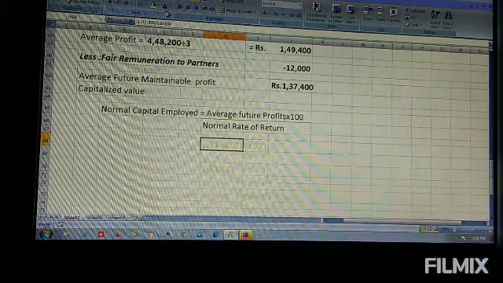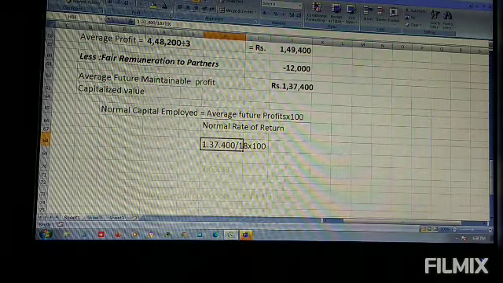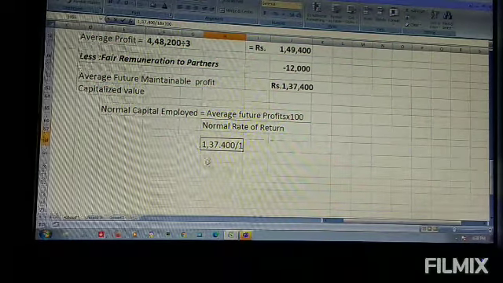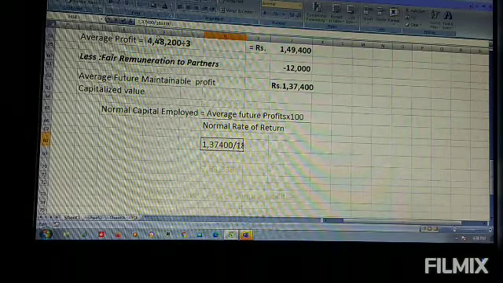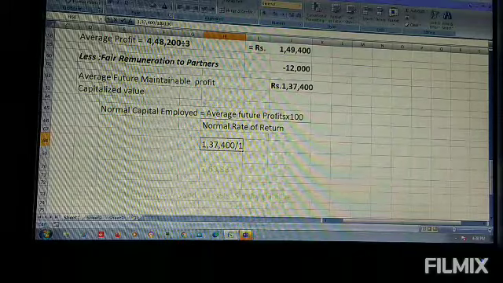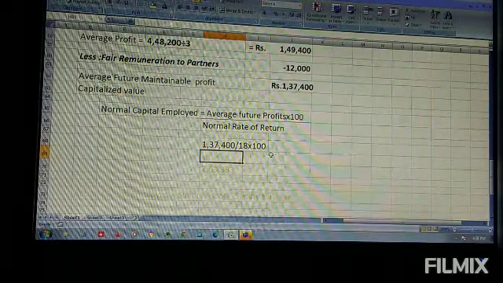So let us find out like that. 1,37,400 divided by 18 into 100.